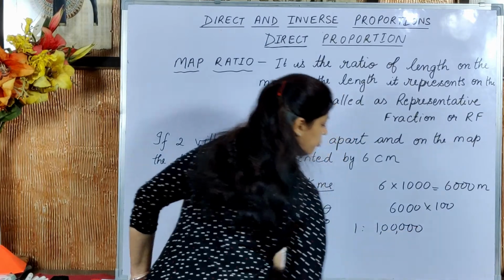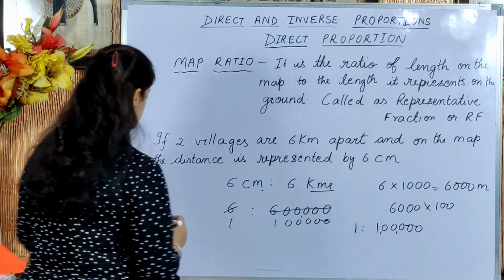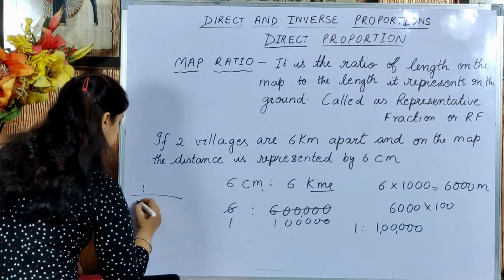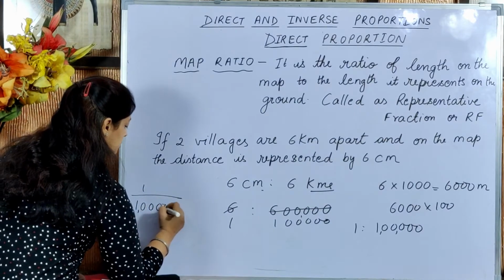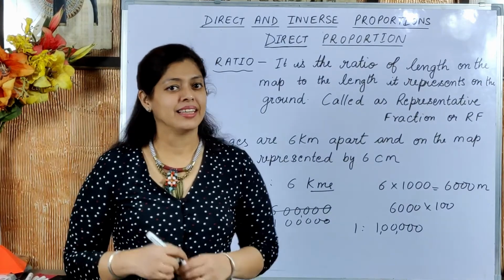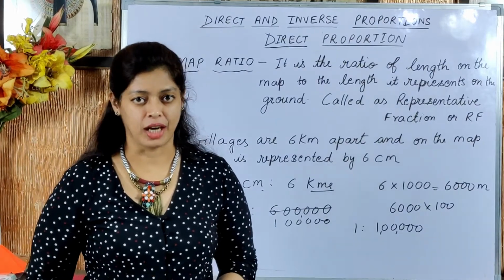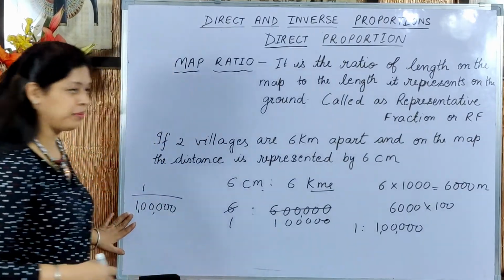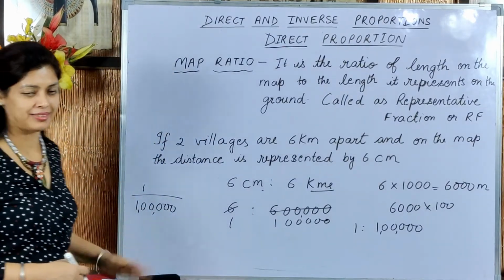So this is the map ratio. Or I can also write this as 1/1 lakh. That means any length on the ground is 1 lakh times the length on the map.